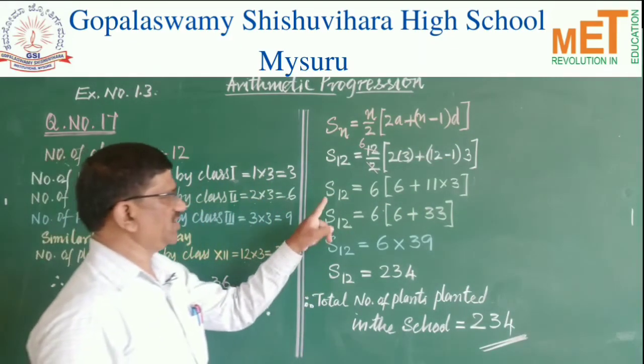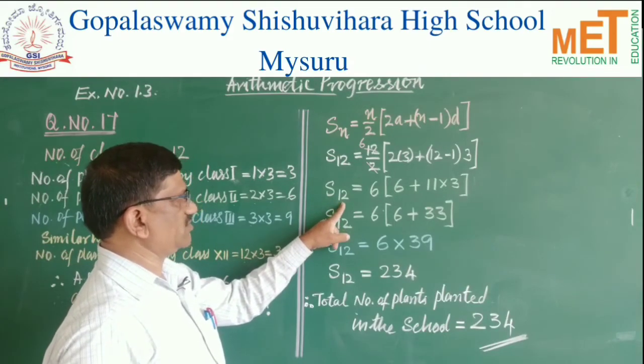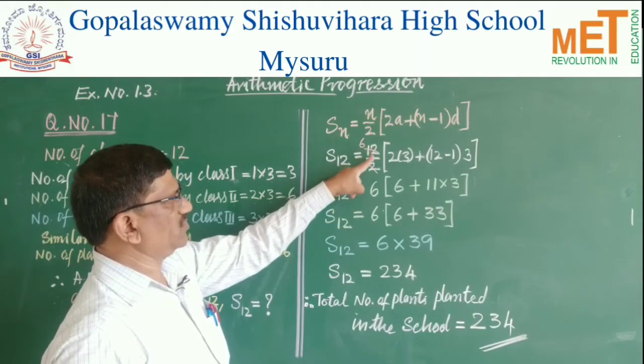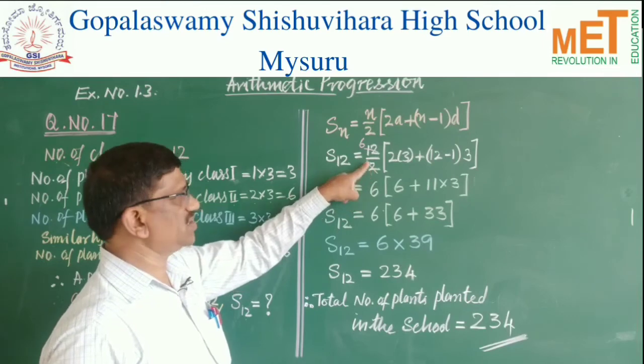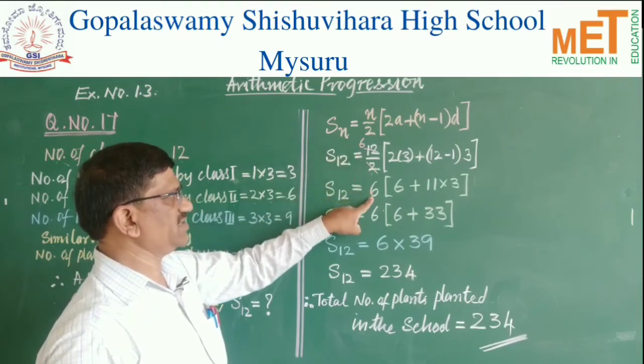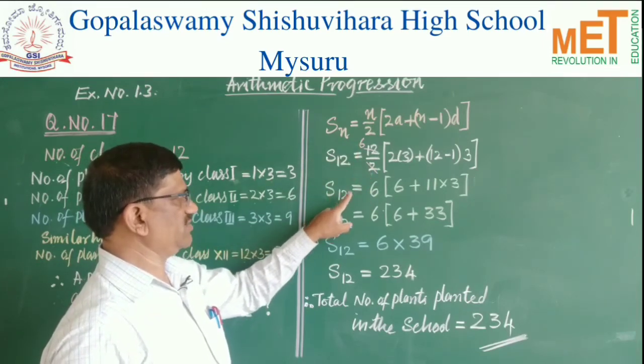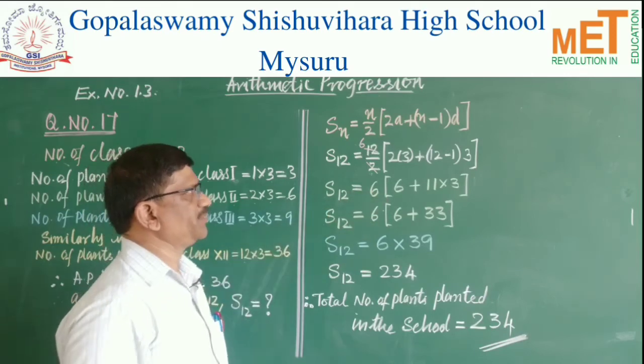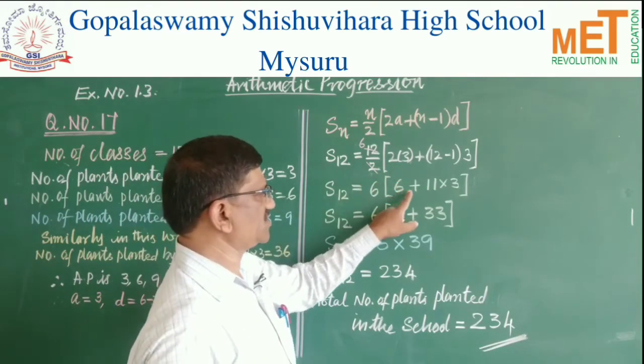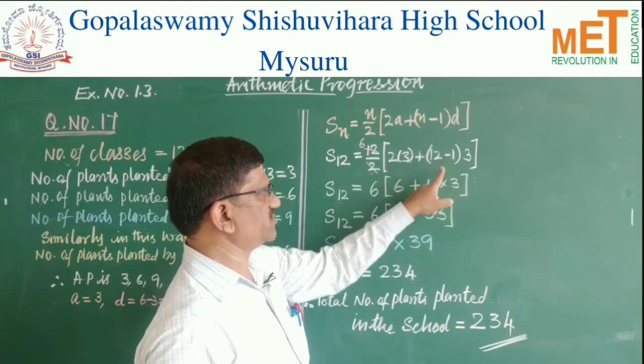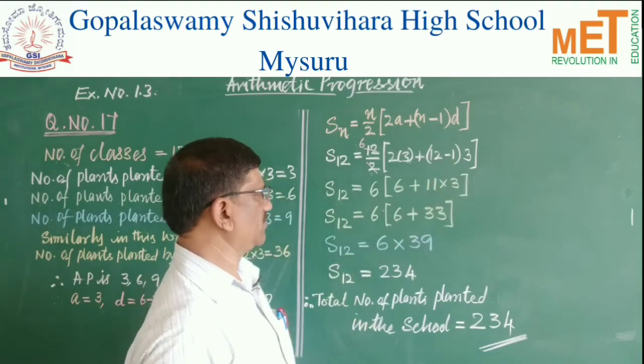Therefore, in the next step, S12 is equal to, here we can divide 12 by 2, that is 6, into 2 3s are 6 plus 12 minus 1, which is 11, into 3.